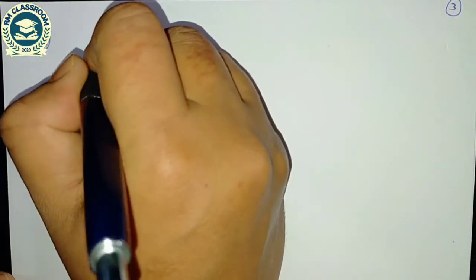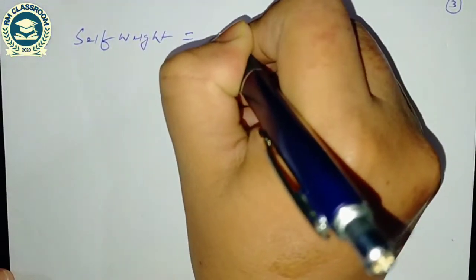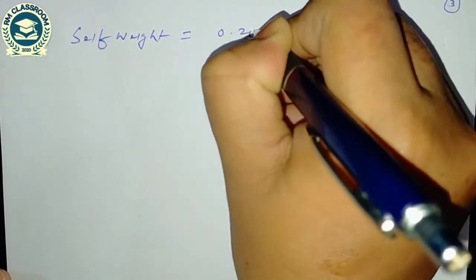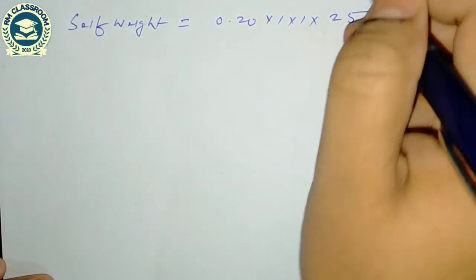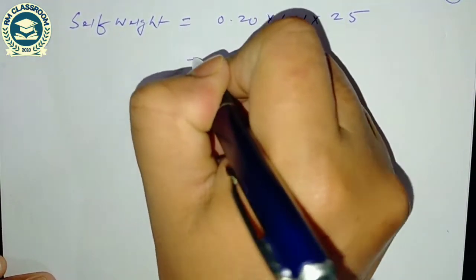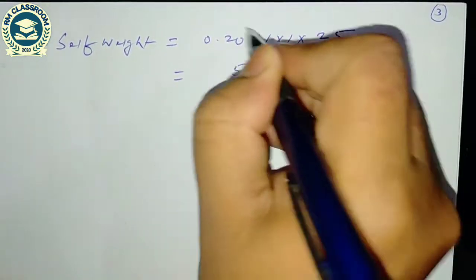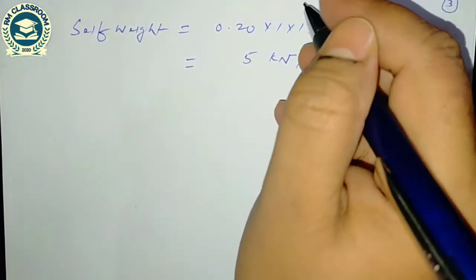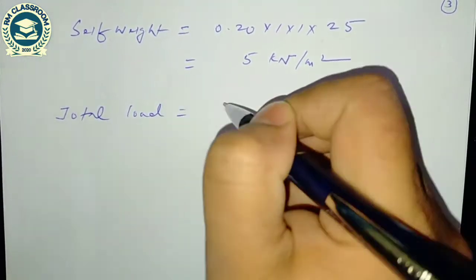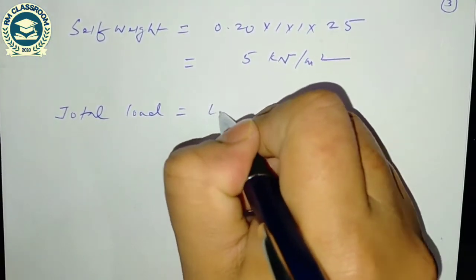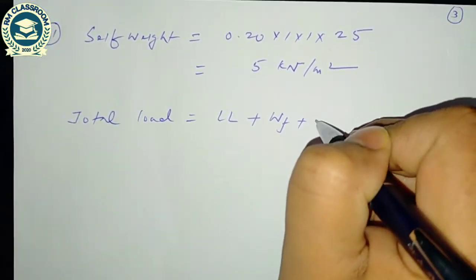So self weight of slab is 0.2 into 1 into 1 into 25. So it is coming 5 kilonewton per meter square, where 0.2 is the overall depth. So total load is equal to sum of live load plus floor finishing plus self weight.